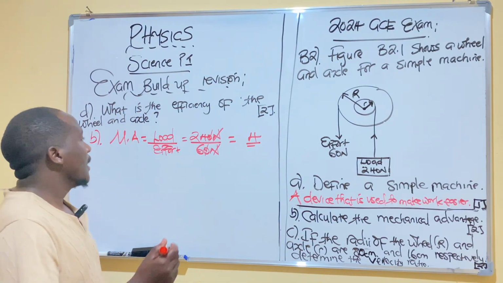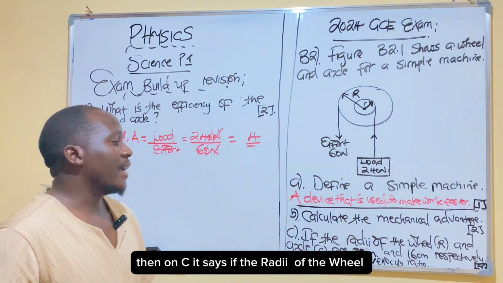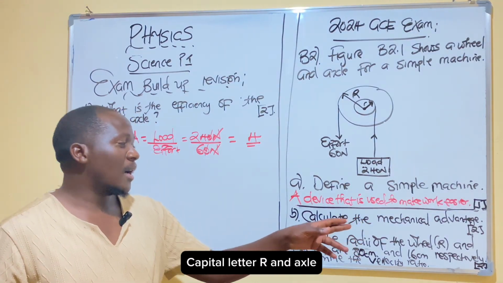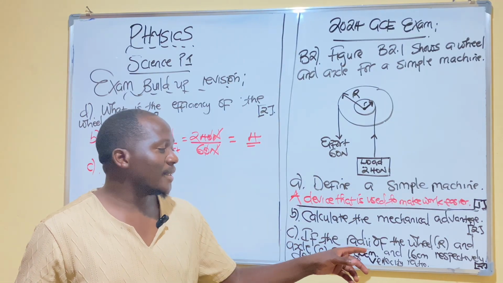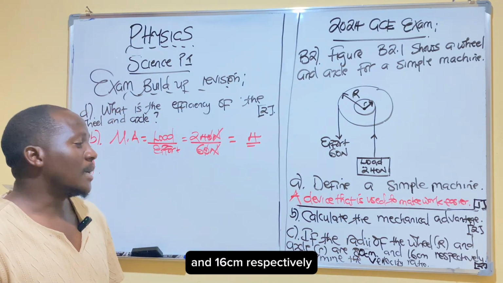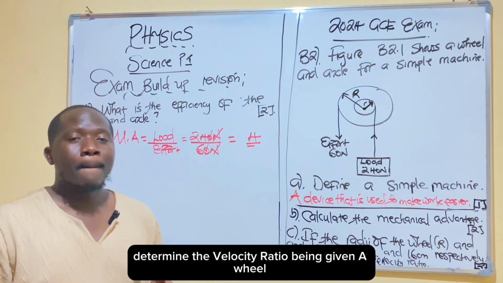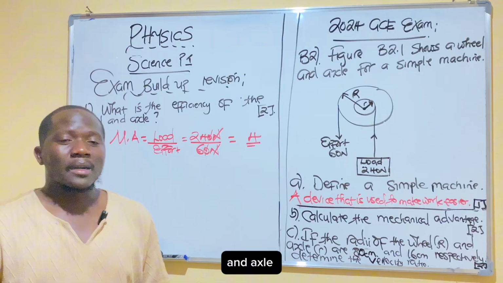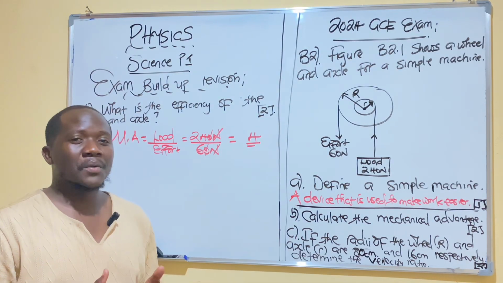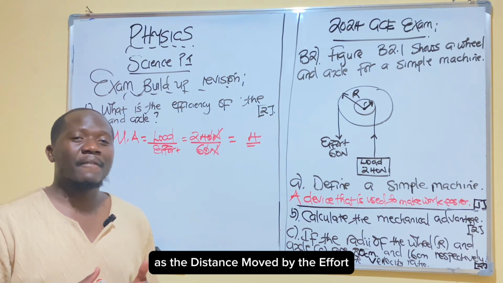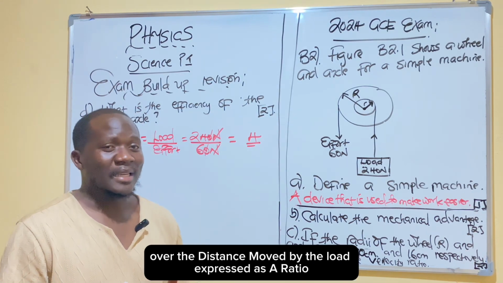Then on C, it says if the radii of the wheel, capital letter R, and axle, small letter r, are 80 centimeters and 16 centimeters respectively, determine the velocity ratio. Being given a wheel and axle, the velocity ratio is supposed to be firstly understood as the distance moved by the effort over the distance moved by the load, expressed as a ratio.